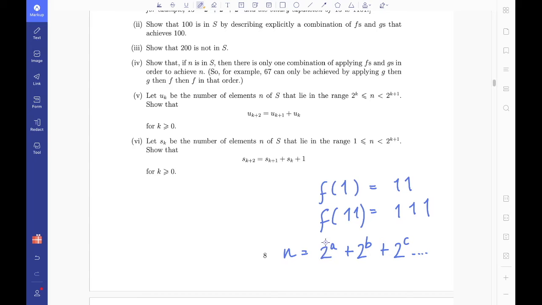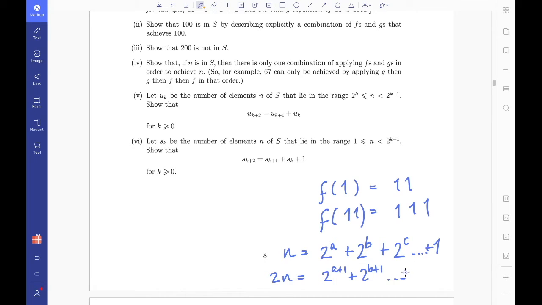So if we consider what 2n looks like, it's just multiplying everything by 2. It changes everything to 2 to the a plus 1, plus 2 to the b plus 1, and so on, and it does the same thing to c. If you had a 1 on the end, a 2 to the 0, then it would make it 2 to the 1.